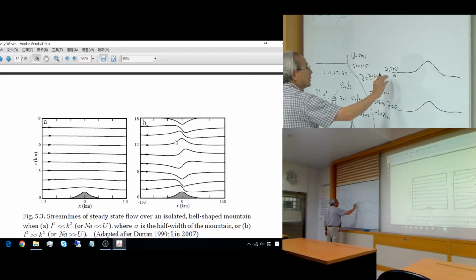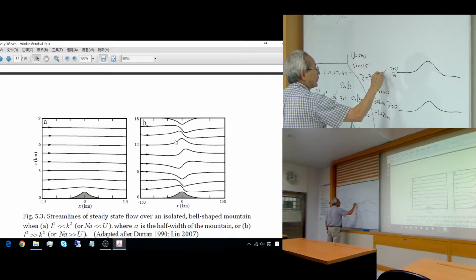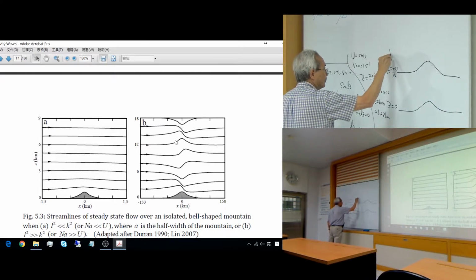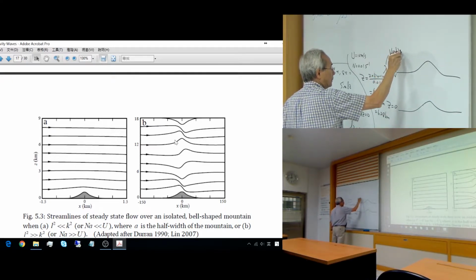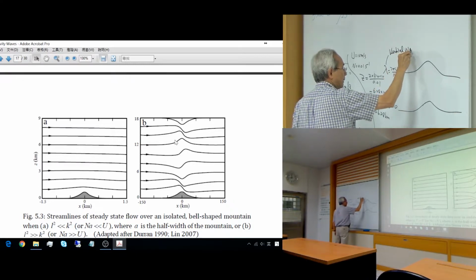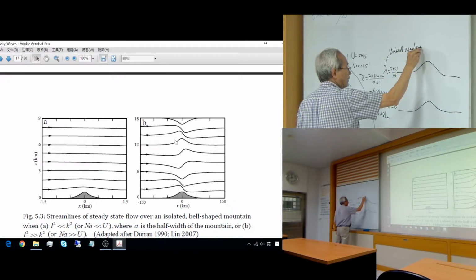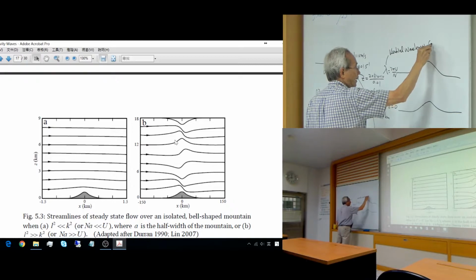We call it lambda, because this is the vertical wavelength of the mountain wave.